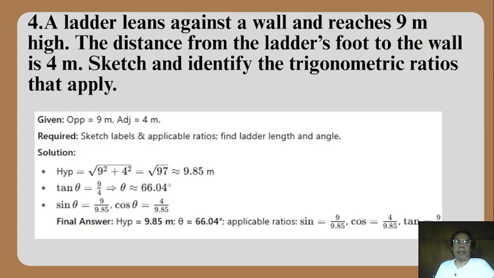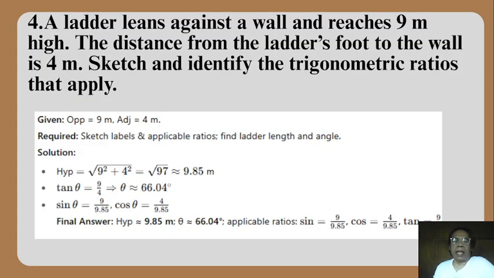4 over 9.85. So the final answer, hypotenuse is 9.85 meters. The angle theta is 66.04. And the applicable ratios, we have sine of the angle theta is 9 over 9.85.